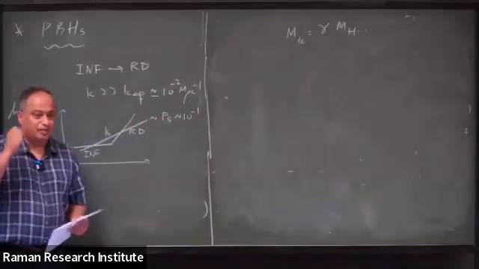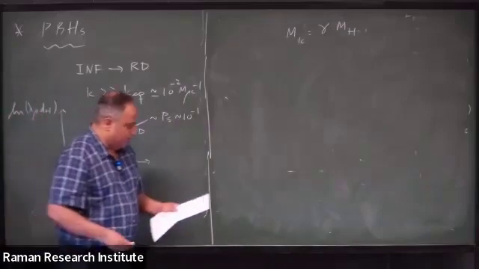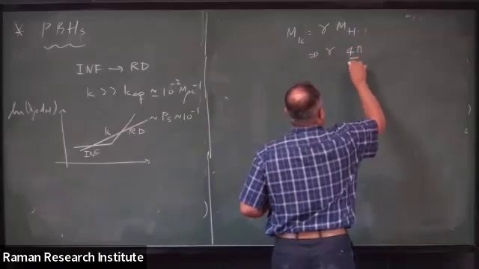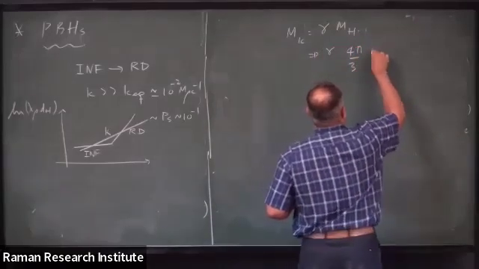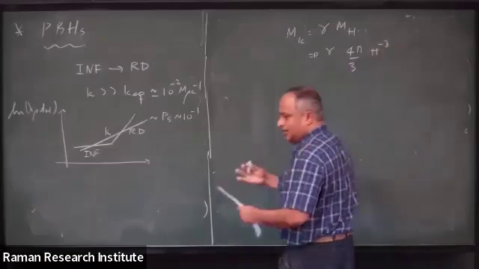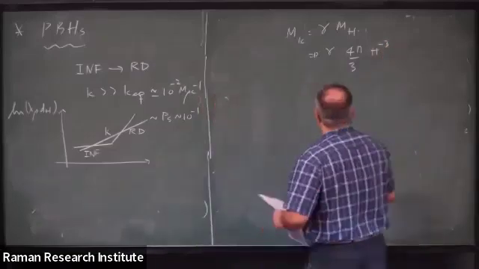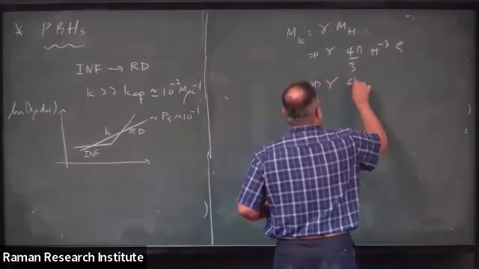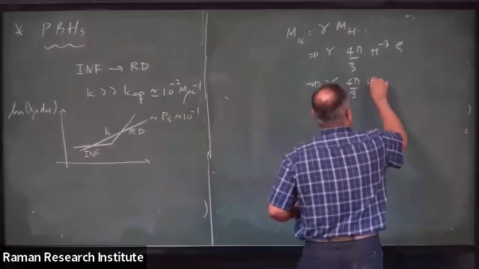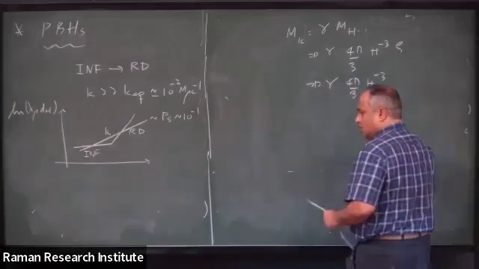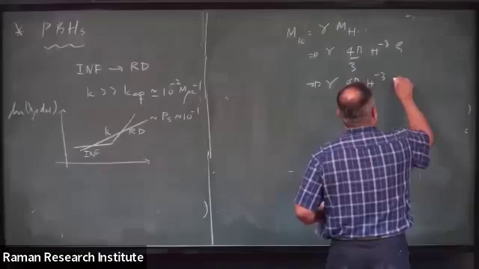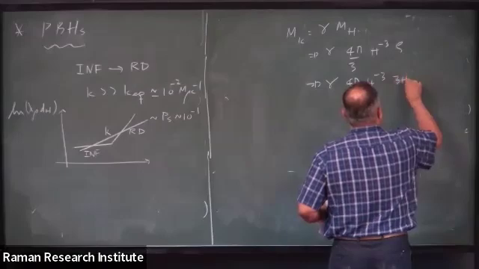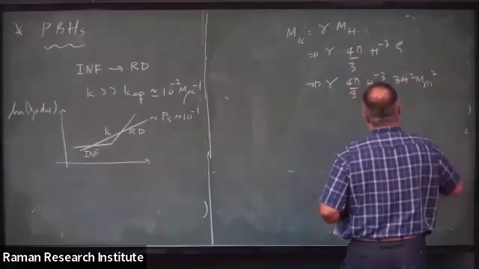And what is M_H? M_H is the mass within the Hubble radius. And what is that? That is just gamma times 4 pi by 3 H minus 3 times rho. I can use the Friedmann equation: rho is 3 H squared M_PL squared.